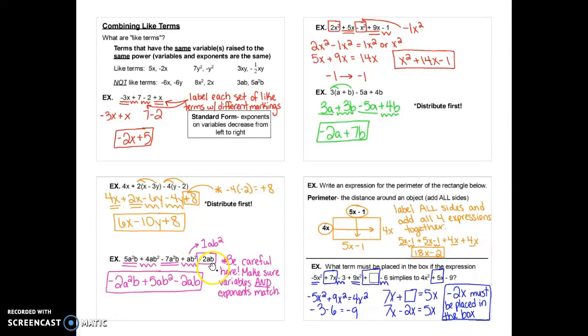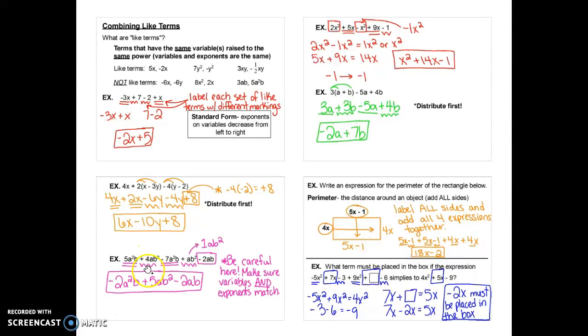Nothing else in the problem is exactly the same. Okay? So 5a squared b minus 7a squared b. Again, you are just combining those coefficients out front. So 5 minus 7 is a negative 2. And then the a squared b gets attached to that value.